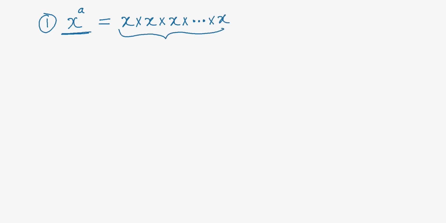Actually, x is repeatedly multiplied a times. That is the meaning. So the better way to write this is x with a middle dot. Middle dot is multiplication. So dot dot dot and multiplied, that is a times.